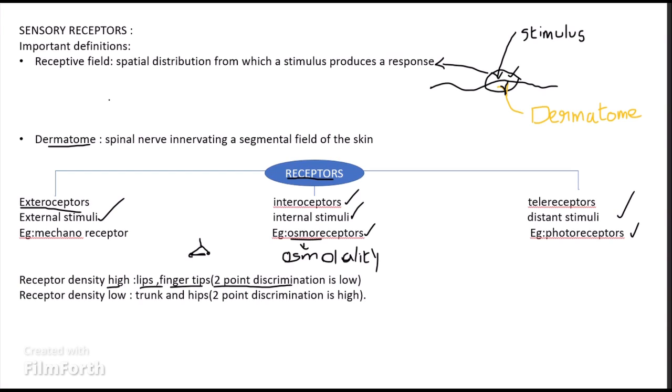Means you can perceive it as two different stimuli. This is present in lips and fingertips. Receptor density is low in trunk and hips. That is, two point discrimination will be high for this. Means to discriminate two stimuli as two different stimuli, the distance between these two should be more. Okay.